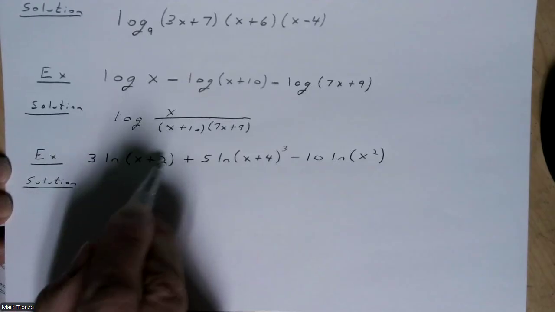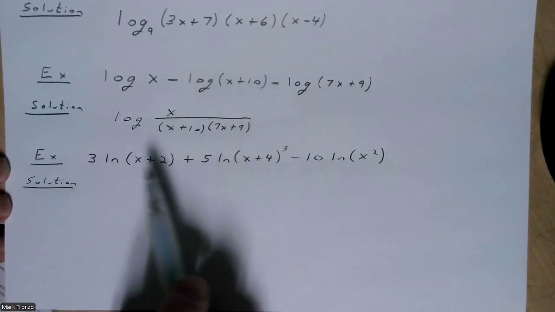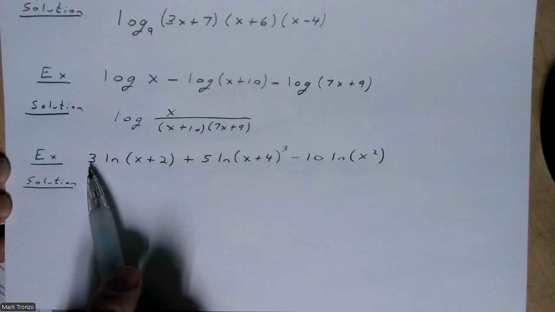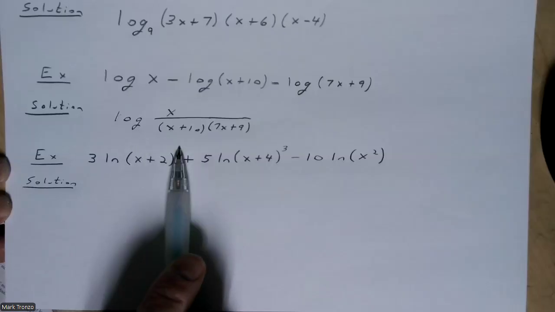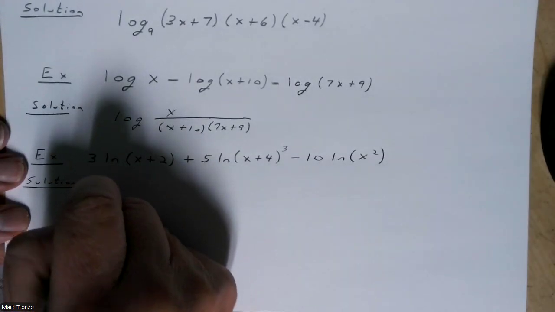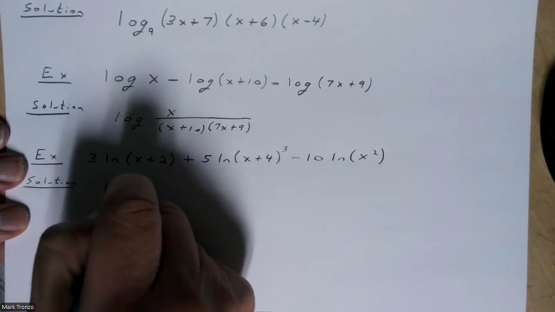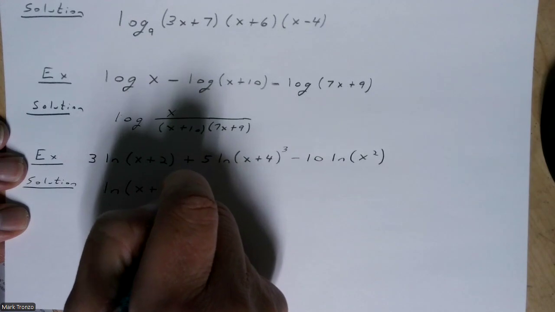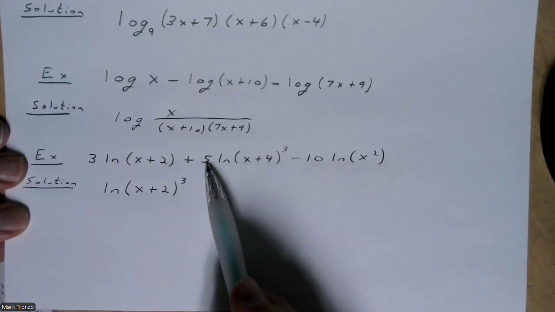So again, working backwards, remember we said if there's an exponent here, we can bring it forward. Same thing here. If there's a number or variable in the front, we can bring it to the exponent. So let's do that first. And let's bring this up here.